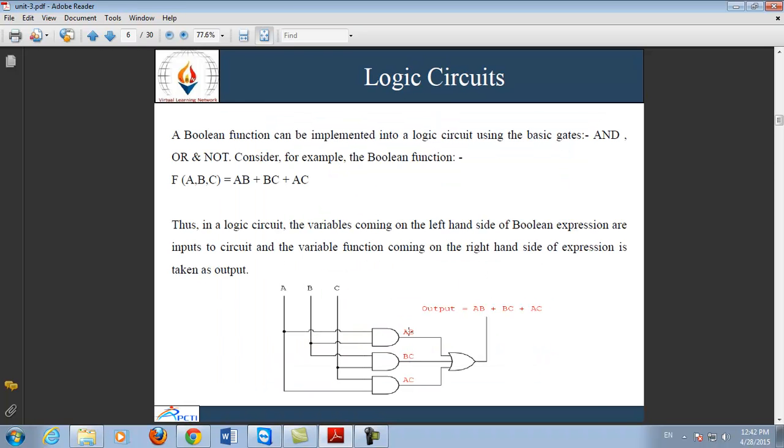After performing the multiplication by AND gate, next all the values are inputted to the OR gate and the output will be equal to AB plus BC plus AC. Means in this way you can present any equation by using any of the gates, for example AND gate, OR gate, NOT gate and any other gate, by simply giving input to the gate and receiving output from the gate. This is a logic circuit.